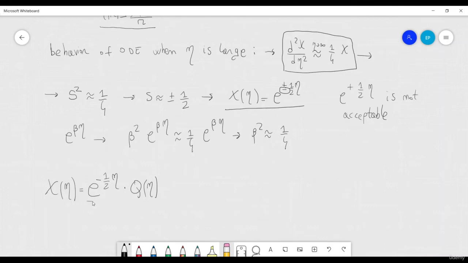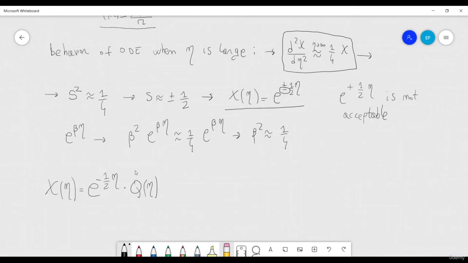We have an exponential here which decreases very rapidly. So this function cannot grow very fast, because at infinity the behavior of the function chi should be dominated by this term here. So this function should not be dominating this expression here. And now we will try to find an expression for q of eta, and I will write it probably in the next video.